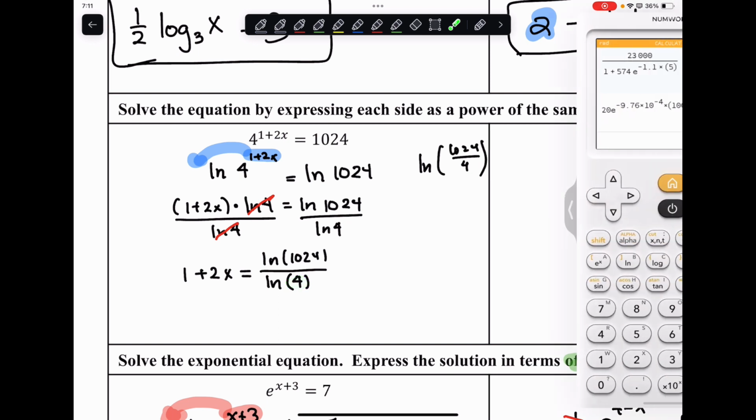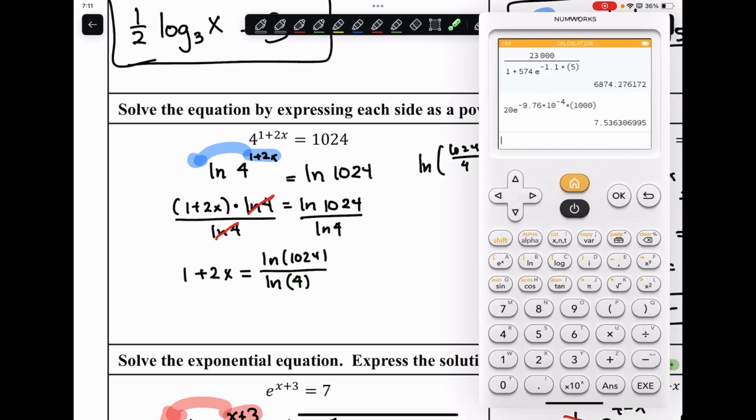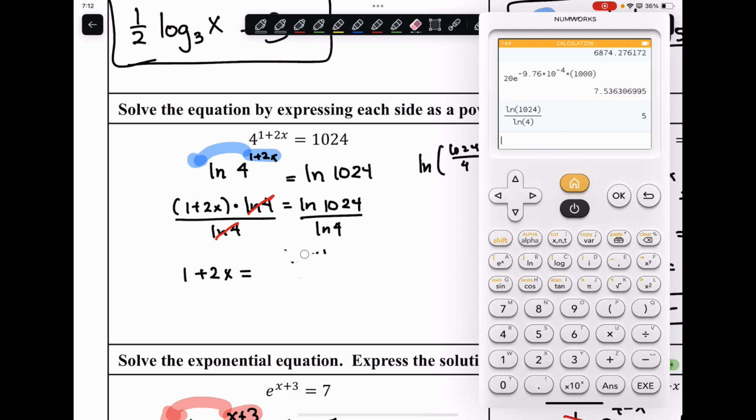So let's plug that into the calculator. So we'll take our ln of 1024, close the parentheses, and then divide that by the ln of 4. And because again the power property works, this is going to then simply equal 5. So this value here is 5. And then we just solve our equation.